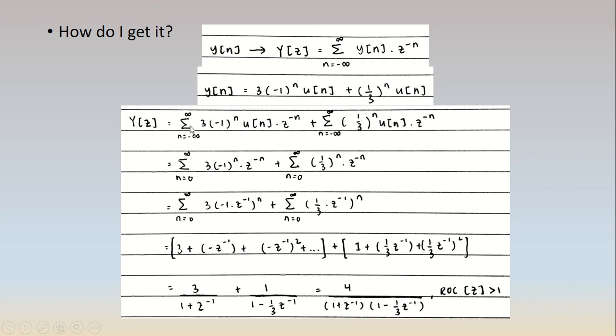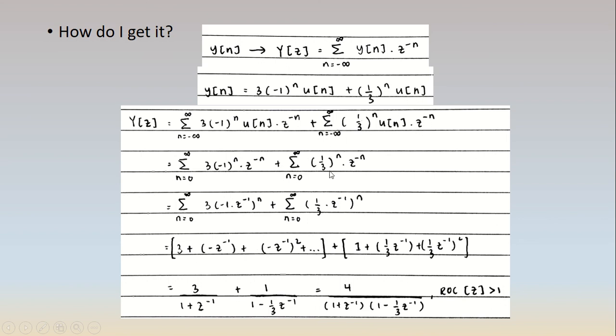And then we just substitute the value of y[n] into the Y(z) equation, which is the summation from n equals negative infinity to infinity of the first equation multiplied by z to the power of negative n, plus the summation from negative infinity to infinity of this equation multiplied by z to the power of negative n.